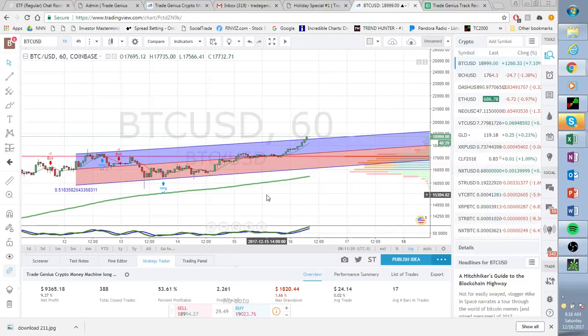Using our tip of using support to exit once you get an exit signal, you'd have even higher profit factors. But even if you're just trading in and out on an hourly, you do pretty well. And like I said, if you use the supports instead of just exiting, you'd stay in trades longer, and the percent profitable would be even higher. So it's a really good system.